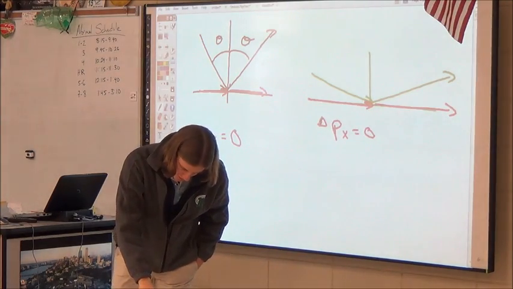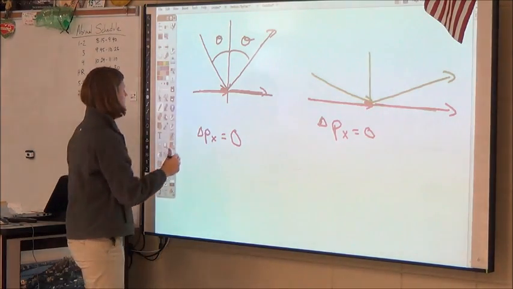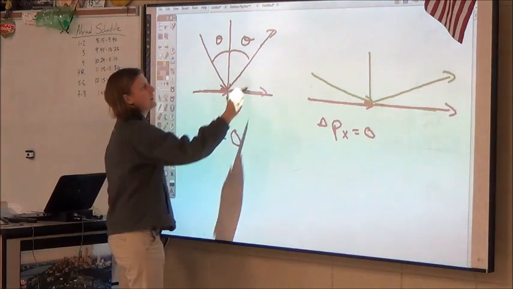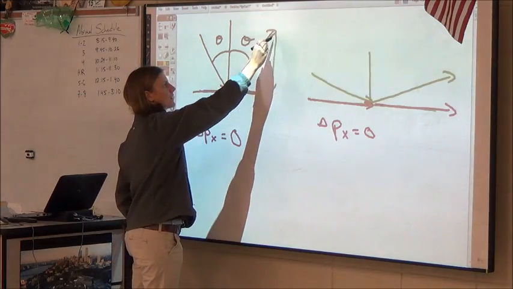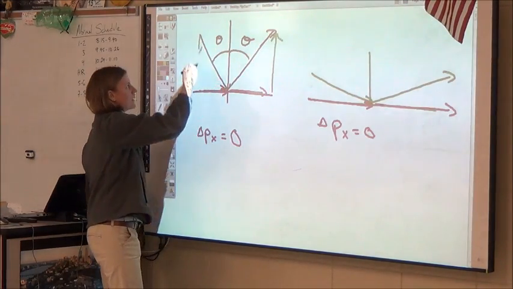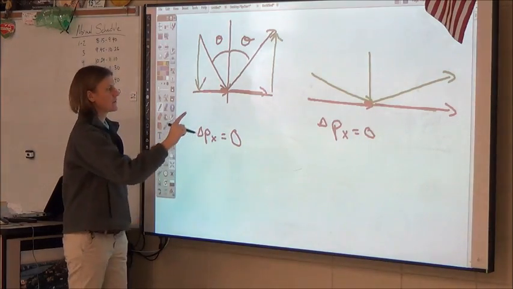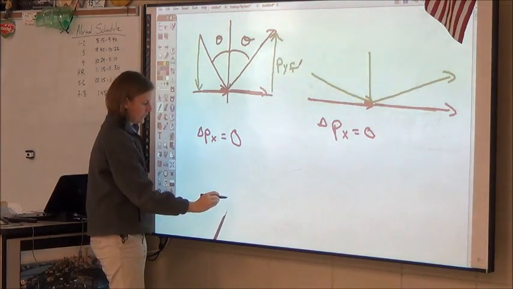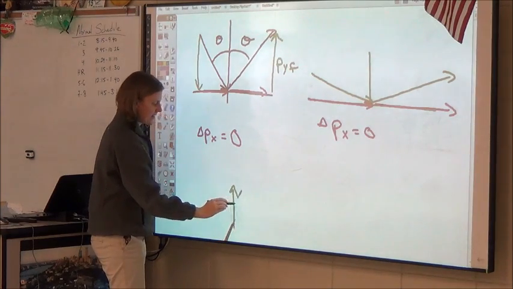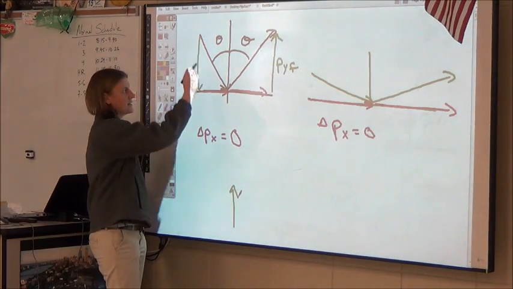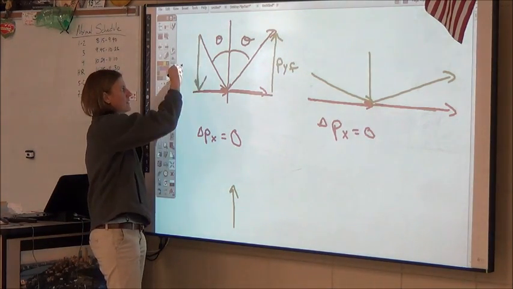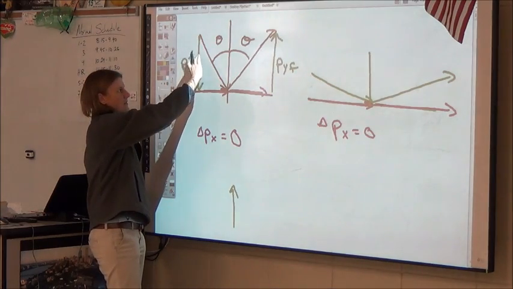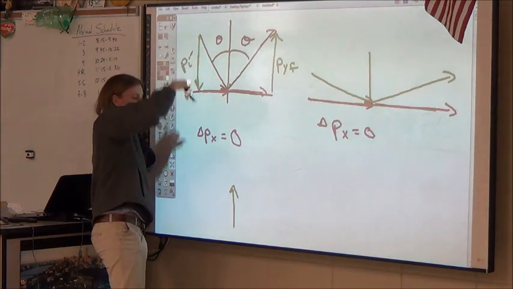What about the change in y? Now, a little careful here, because these are opposite directions. So if you're doing final, which is like that, minus initial, so minus that would be plus that.